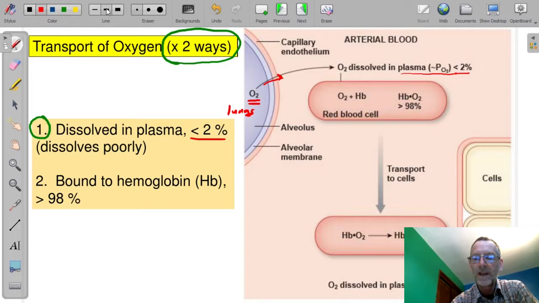Most of the oxygen enters the red blood cell, so greater than 98% of it enters the red blood cell and binds to hemoglobin. Oxygen plus hemoglobin. And this is referred to as oxyhemoglobin when it has oxygen bound to it.